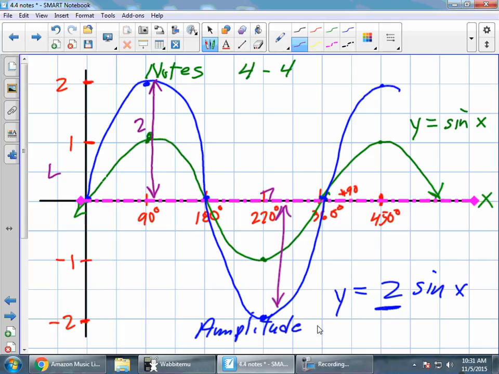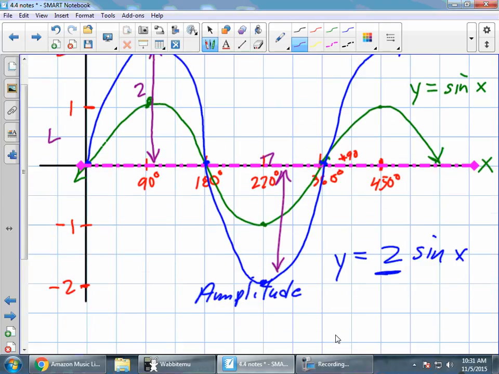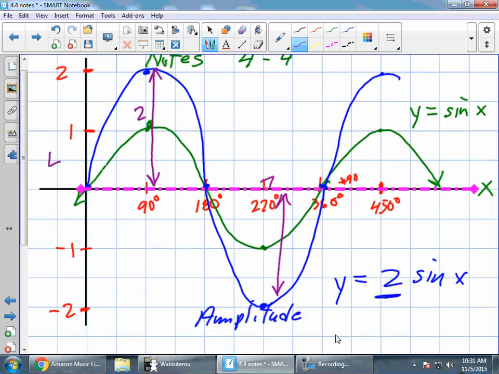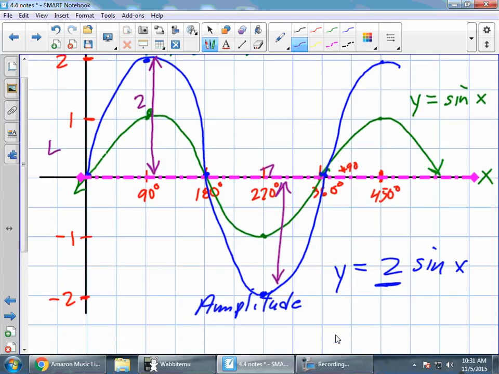Now, if you don't like to do things visually, you can also find amplitude with symbolic notation. You can say the highest high, y2, minus the lowest low, y sub 1, divided by 2. So in this case, what's our highest high?